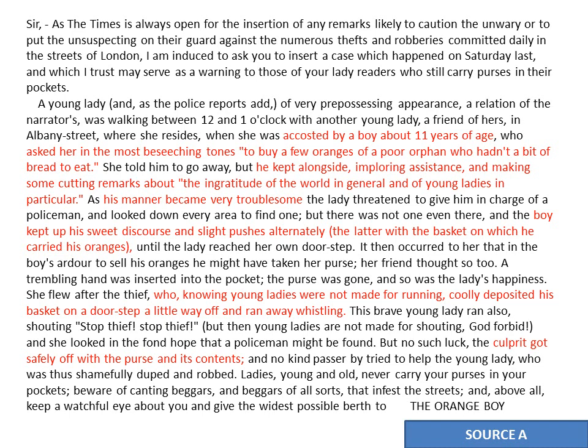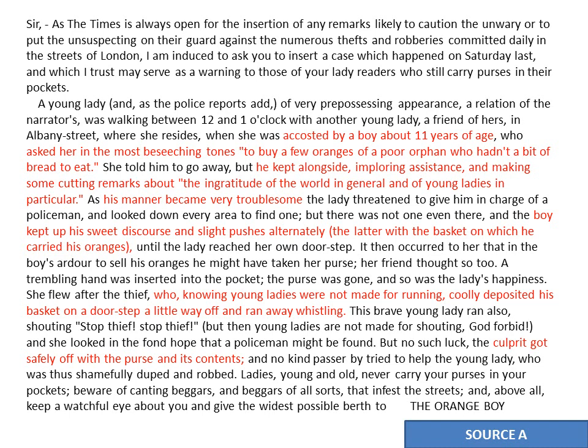It's the boy that pickpocketed the woman, alright? So I've got when she was accosted by a boy about 11 years of age. He asked her in the most beseeching tones.